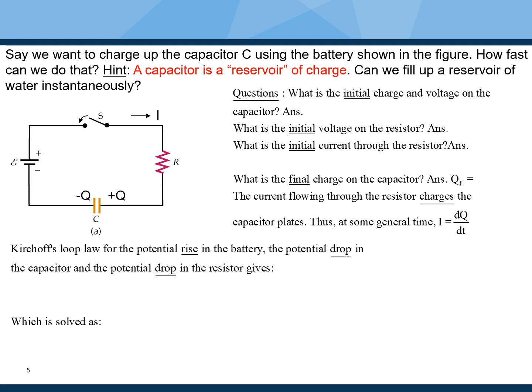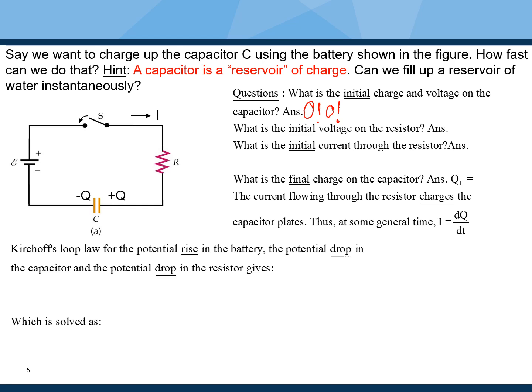Initially the charge on the capacitor is exactly 0. So the charge on the capacitor is exactly 0, and because the charge on the capacitor is exactly 0, the voltage on the capacitor is also exactly 0. Okay?